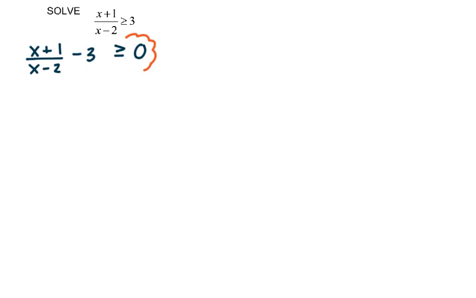That greater than or equal to 0 just lets me know we can be above or touching the x-axis. So in order for me to solve and get my critical numbers, I need this to be one rational expression, which means I need to add those terms together.